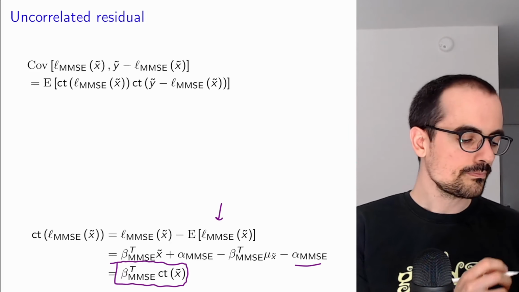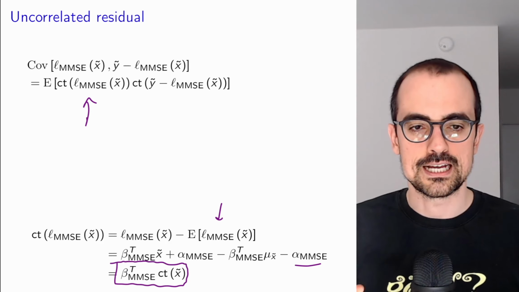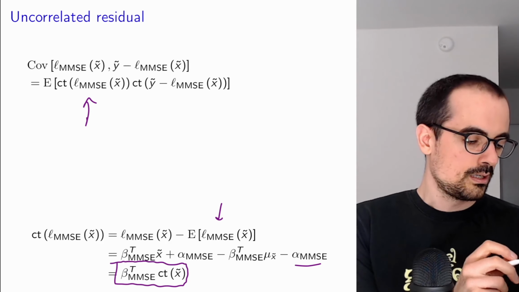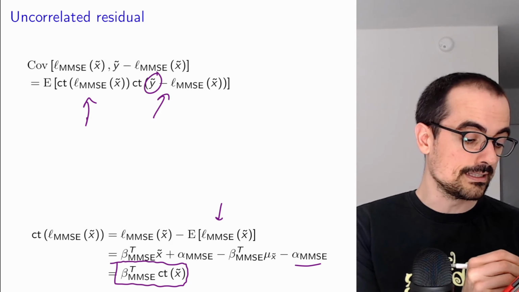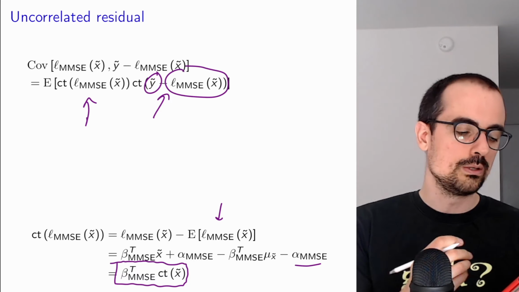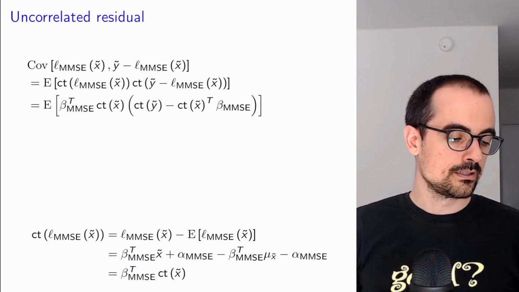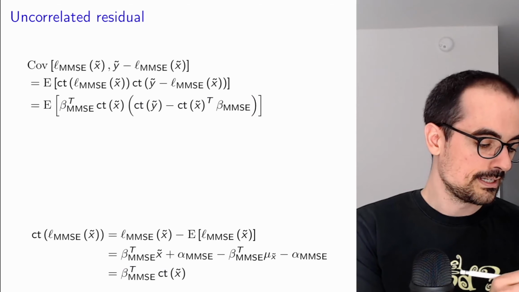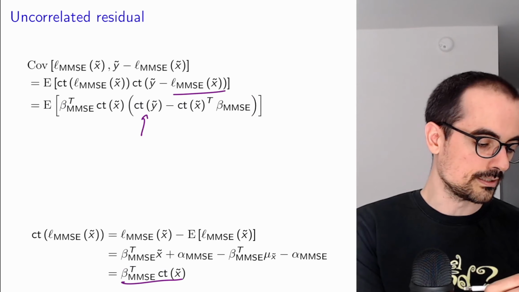So that's what's going to go in here, the optimal linear coefficients times the centered features. And here, in order to center this, we can just center this and then this, right? Because we're subtracting the mean. So by linearity of expectation, we will just subtract the mean from y and the mean of the estimate. This will result in centering y and also centering this, which we know is equal to this, okay?